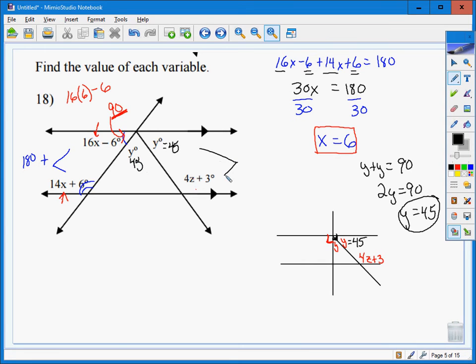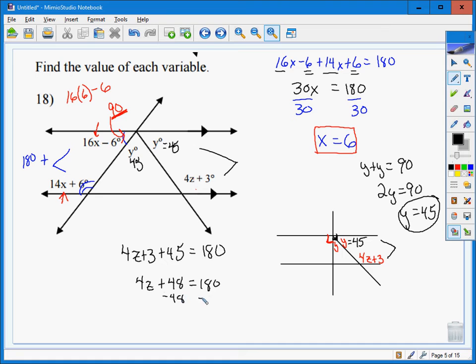You should be able to see that these two are same side interior angles, which would mean that 4z plus 3 plus the 45 should add up to equal 180 degrees. When I do that, I'd have 4z plus 48 equals 180.